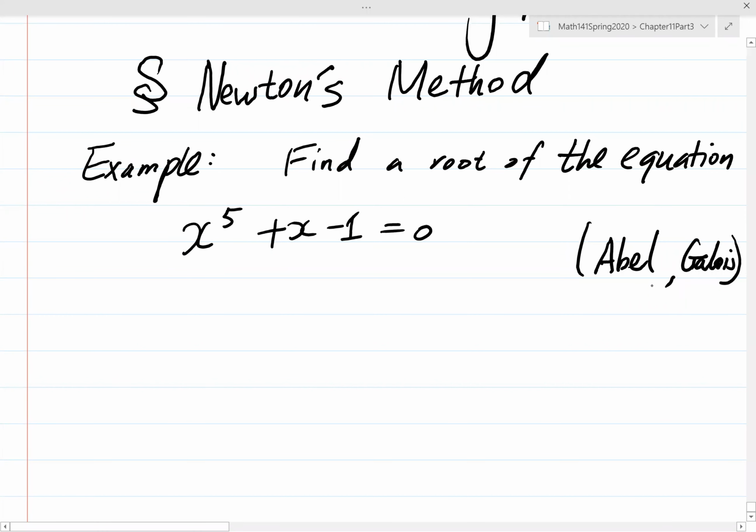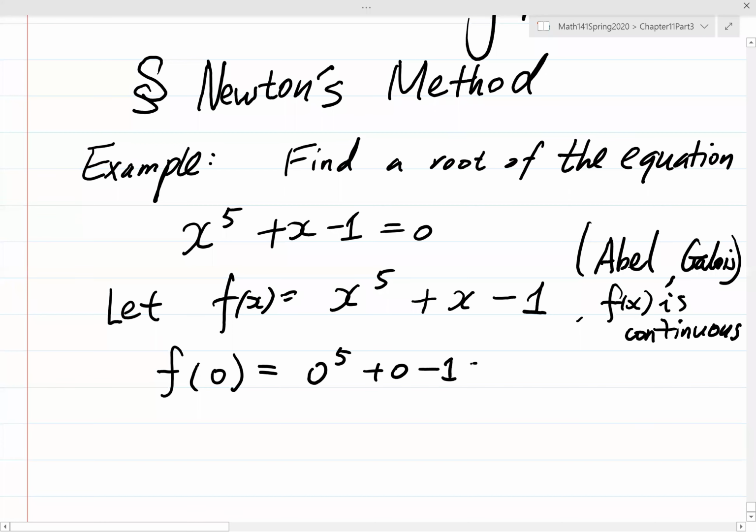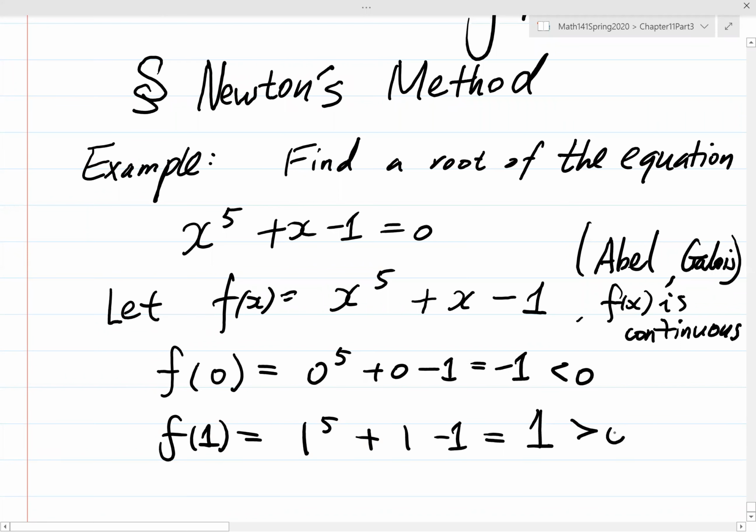Now we try to find a solution numerically. So let f(x) be x to the 5 plus x minus 1. You check this is continuous, because it is a polynomial, continuous everywhere. Then f(0) is 0 to the 5 plus 0 minus 1, which is -1, less than 0. Now f(1) is 1 to the 5 plus 1 minus 1, which is 1, positive.